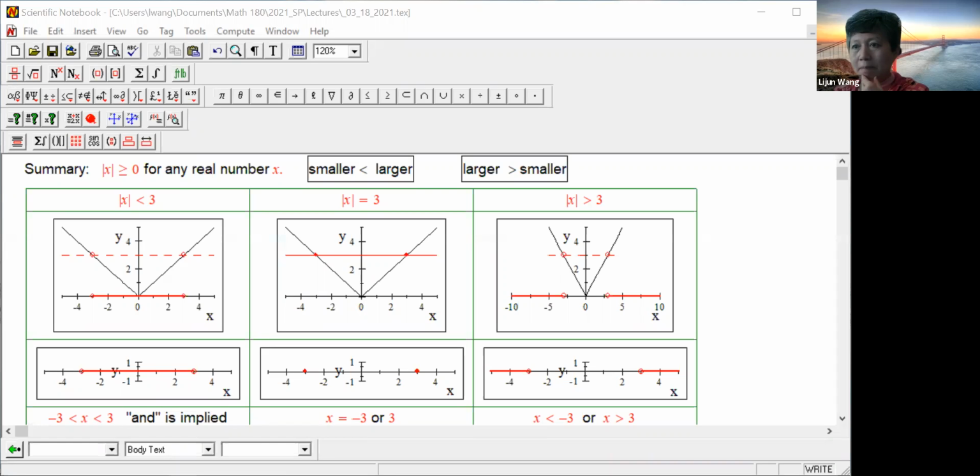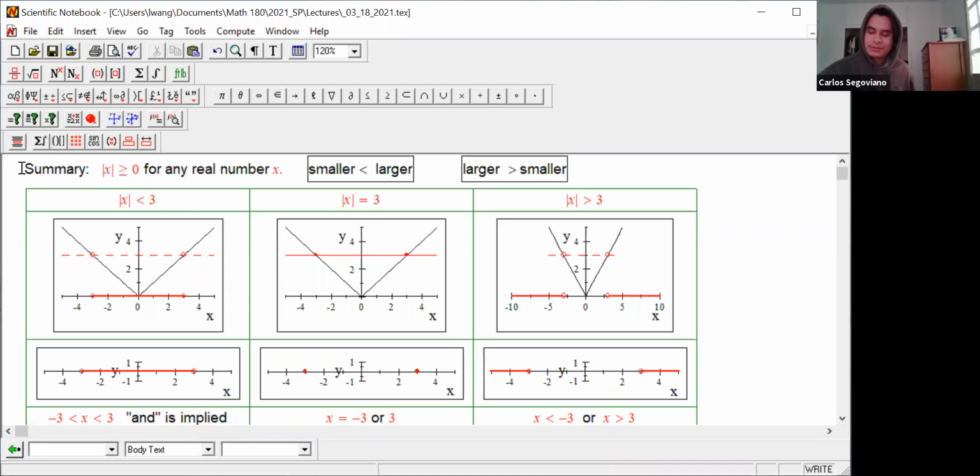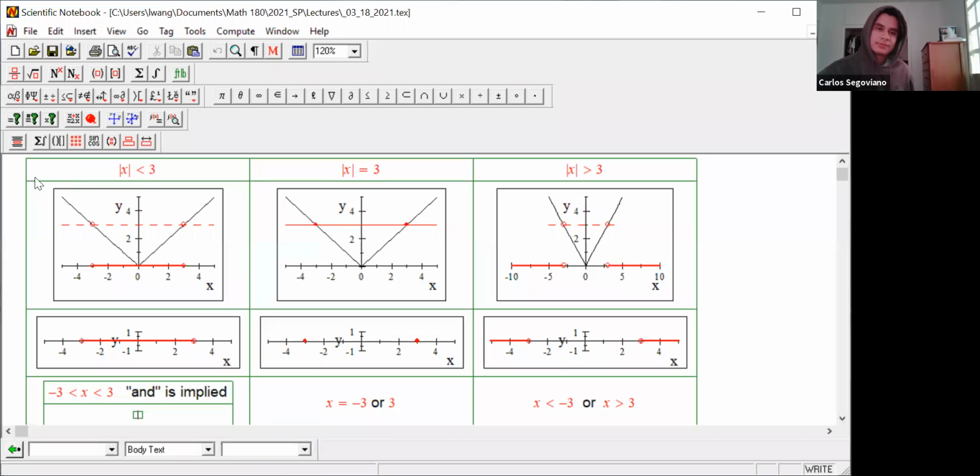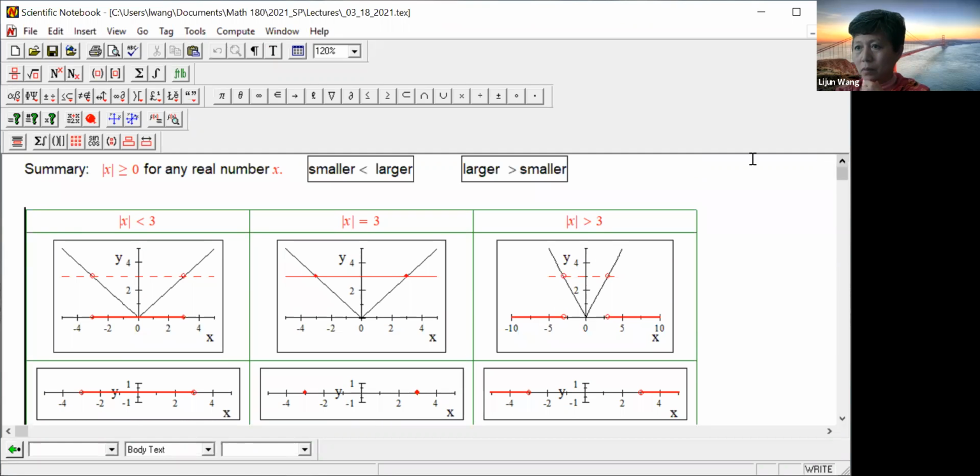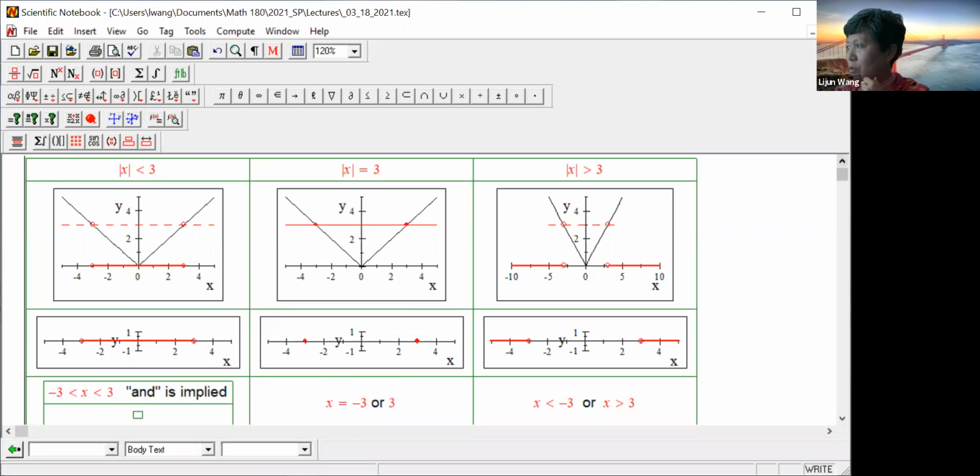You say number 10? Yeah. So what you get is x less than or equal to 3.2. It should be between negative 3.2 and positive 3.2. Okay, so let me get to your question.